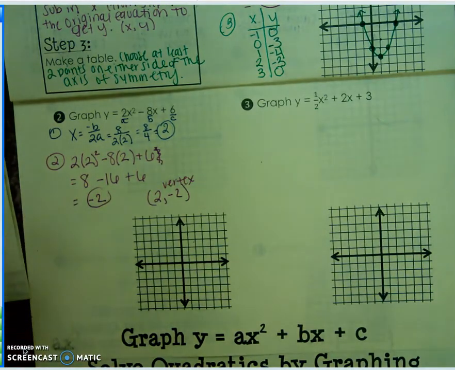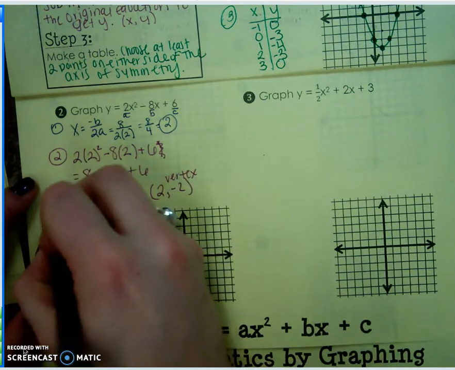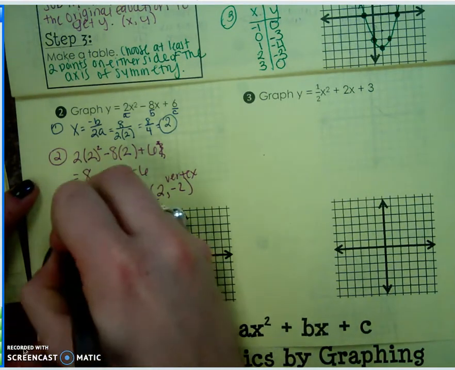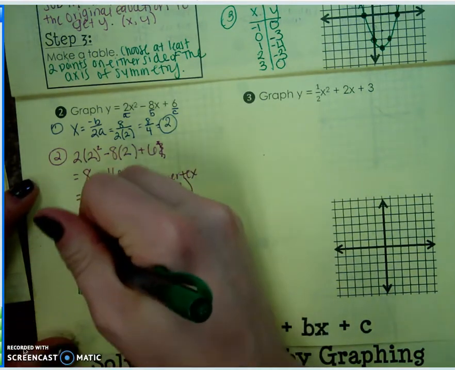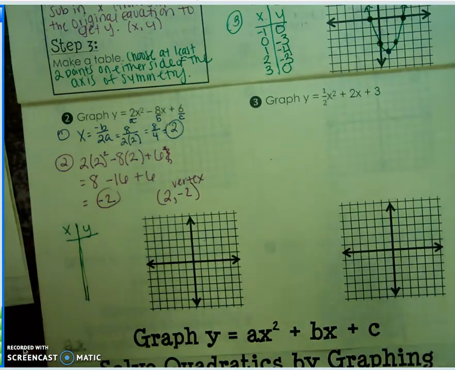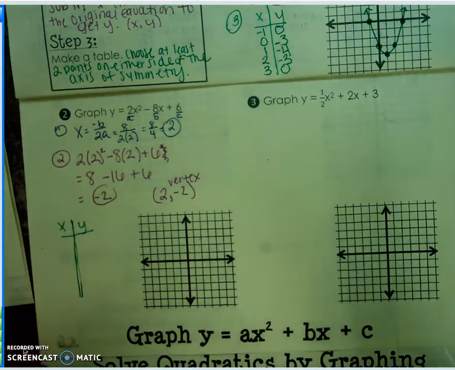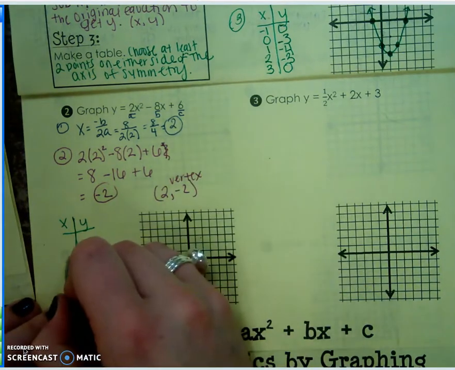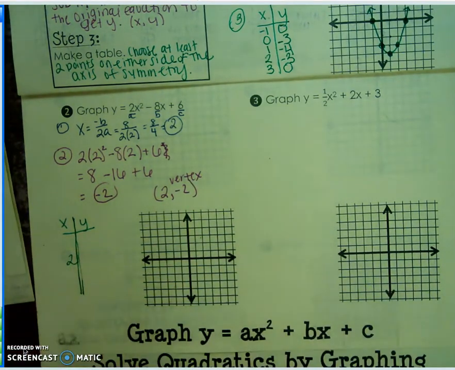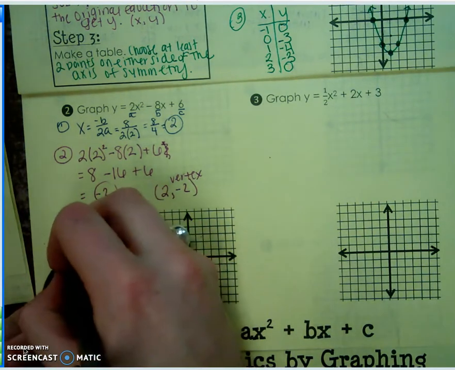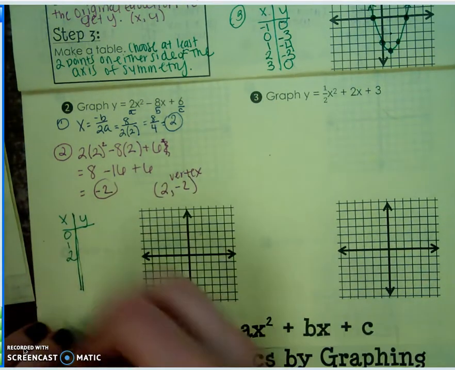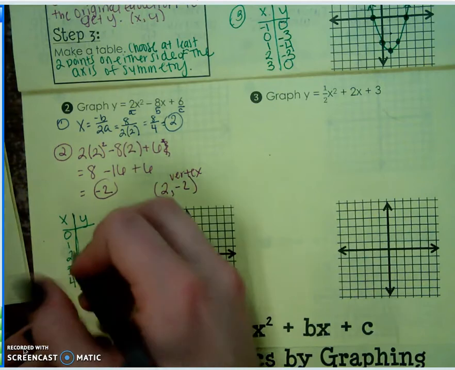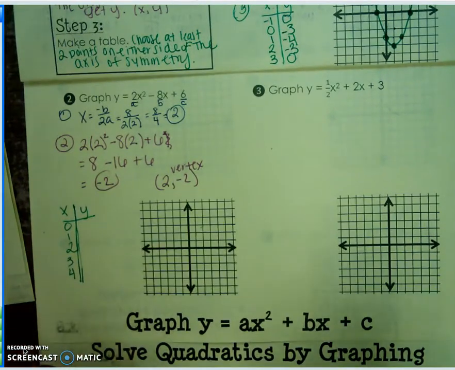And then let's set up a table to figure out what points I'm going to graph. Remember, you're going to want to choose 2 points on either side of the axis of symmetry. So our axis of symmetry was when x was 2. I'm going to choose 2 before that, probably just go 1, 0, and 3, 4, 2 after it on either side.